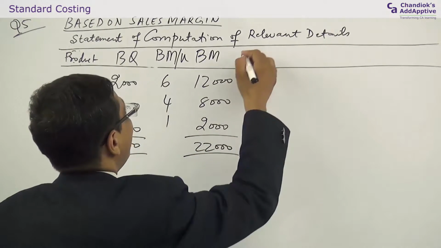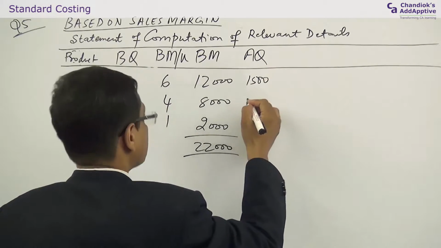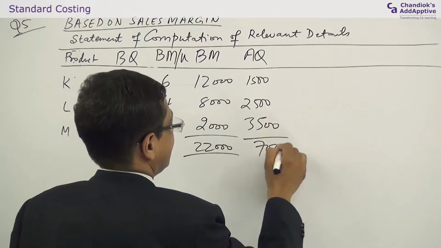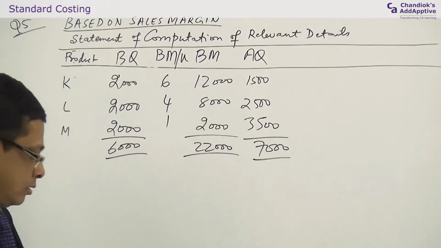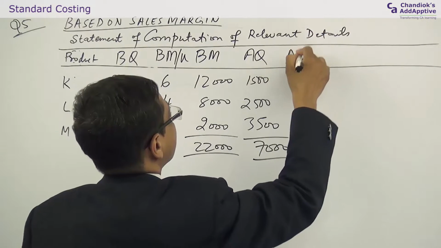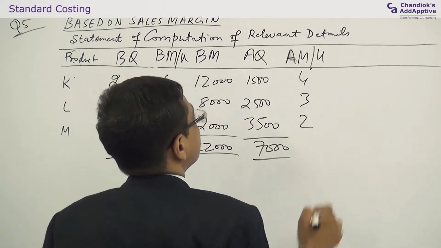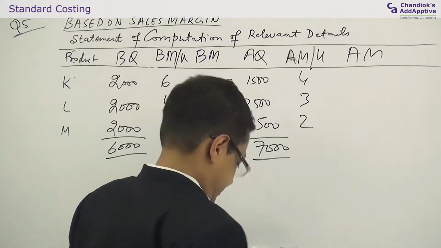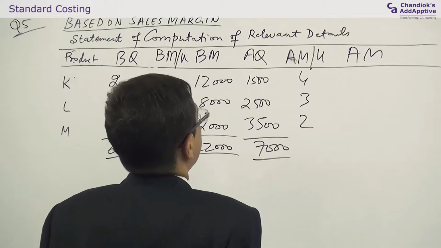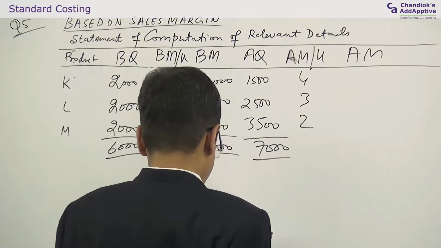Right? Actual quantity, this is 1500, 2500 and 3500. So 7000 is the quantity. We are also provided with actual margin per unit at 4, 3 and 2. So actual margin becomes how much? You have to calculate 6 into 1500.